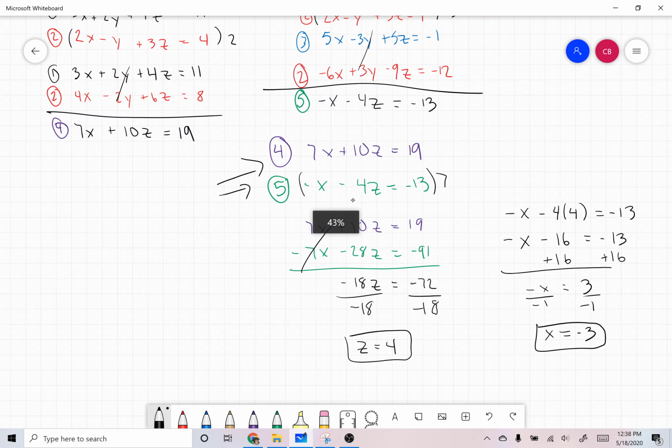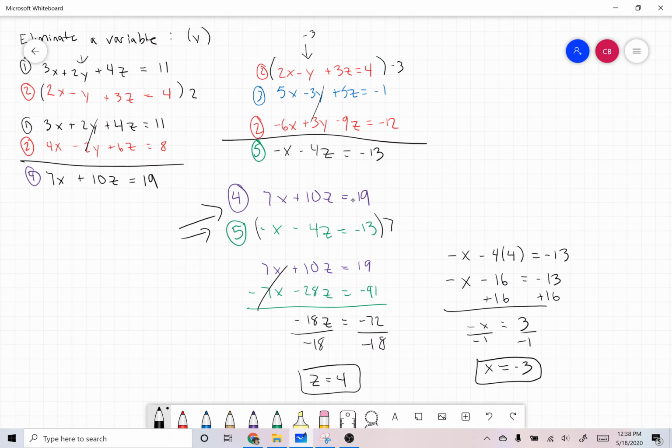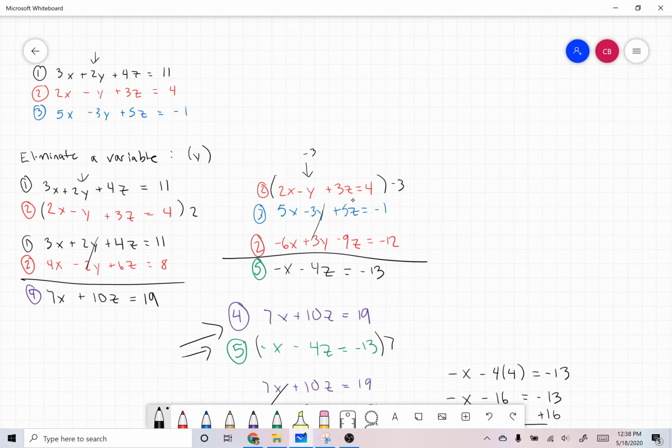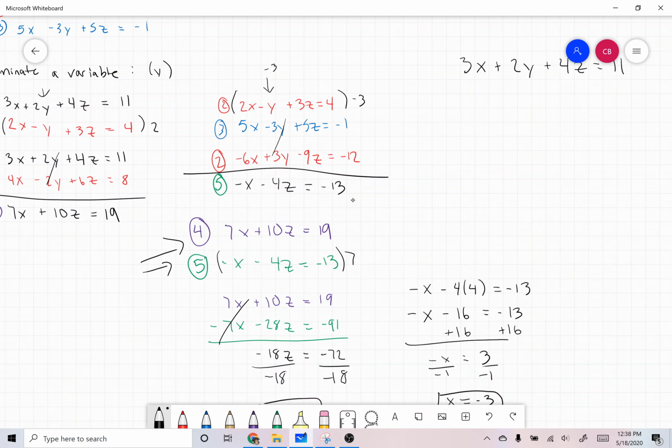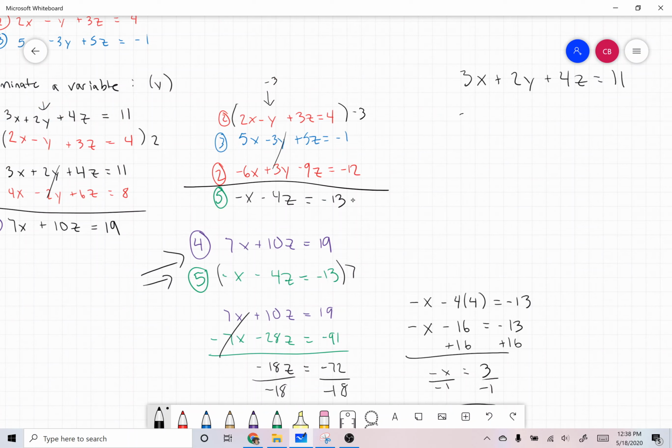And then we go to our final one. We have 3x plus 2y plus 4z is equal to 11. We're going to plug those two values, negative 3 and 4. So we have 3 times negative 3 plus 2y plus 4 times z, which is 4, is 11.